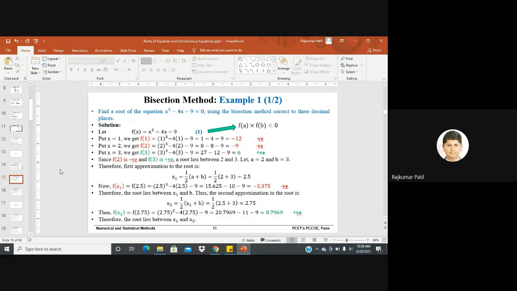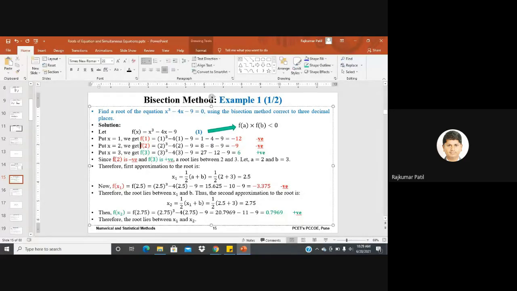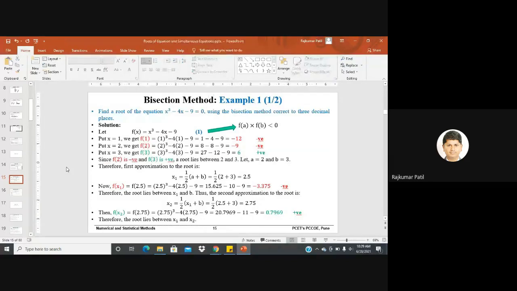But yes, what you can do is, here you came to know that the root lies between 2 and 3, right? But if you go on putting x equal to 4, 5, 6, 7, then again you will come to know that another root lies between two different values, right?